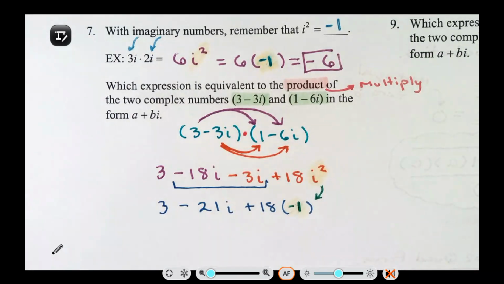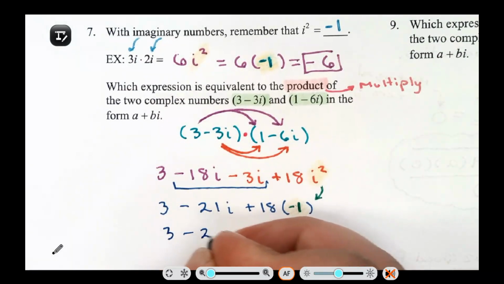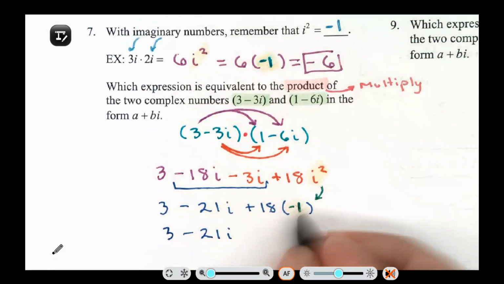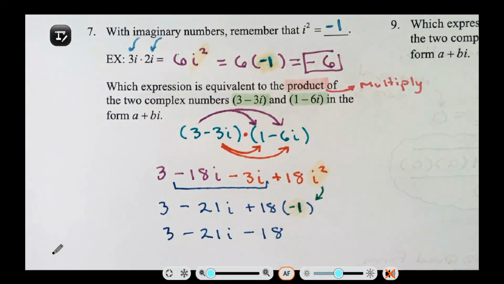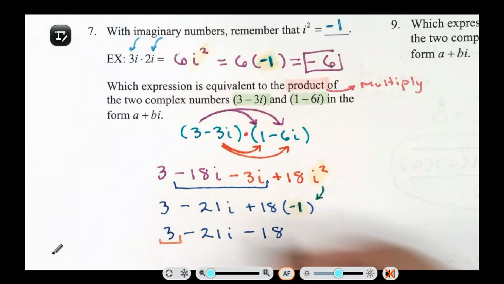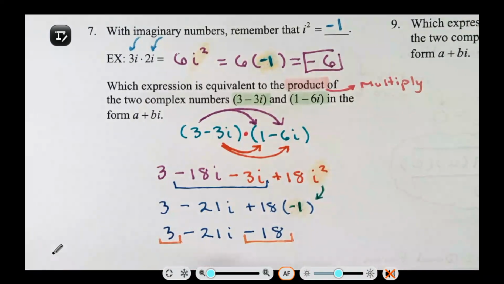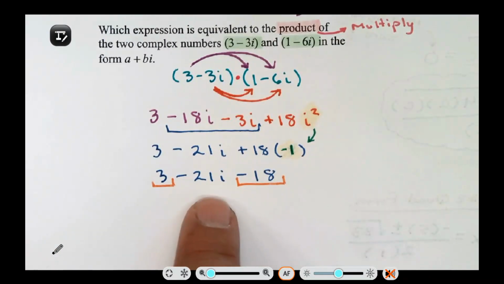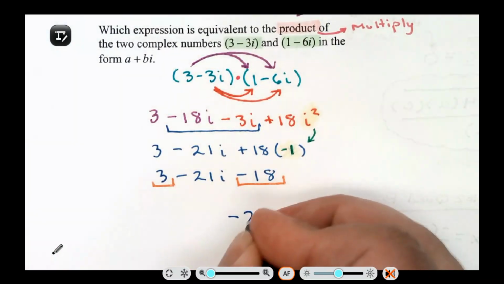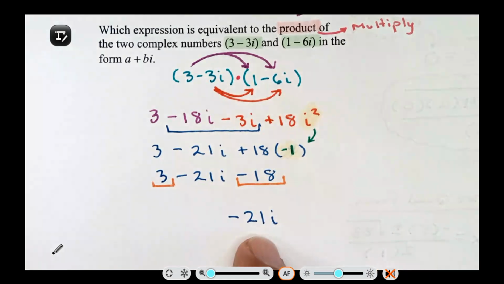Now, you could have probably done it before, but 3 minus 21i, negative times a positive is negative 18. All right, so then the only thing I can combine here is the 3 and the negative 18. Remember, this is now untouchable. That negative 21i, there is nothing that can combine with that, so that's done. There's the imaginary component.